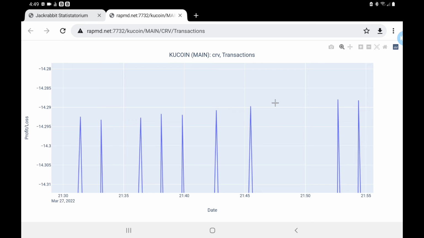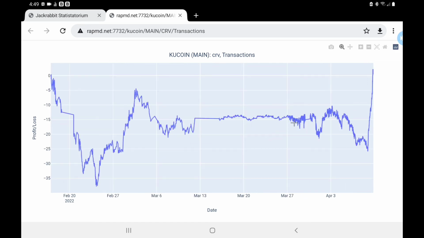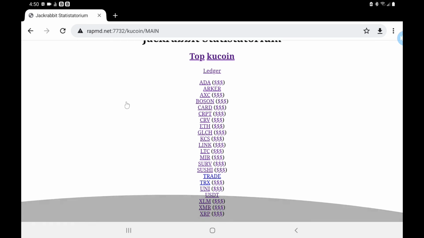Take the time to drill down, look at your trading, and see exactly when, where, and how much. Especially when you see unusual heavy density patterns, because they are suggestive of a severe problem that could be in your favor or against you. For this particular coin, it's in my favor. I'm making money with it. But for glitch or sushi, it's not in my favor, and I lost a lot.